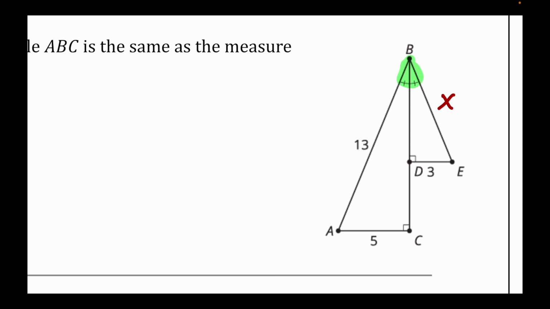So looks to me like these are going to be angle similarity, because we have a pair of angles that are similar, and they also both have right angles. So we can say that these triangles are going to be similar, and we can use the measurements they already give us, which is 5 and 3, and compare that to 13 and to x. So I'm going to compare just between the same triangle here.